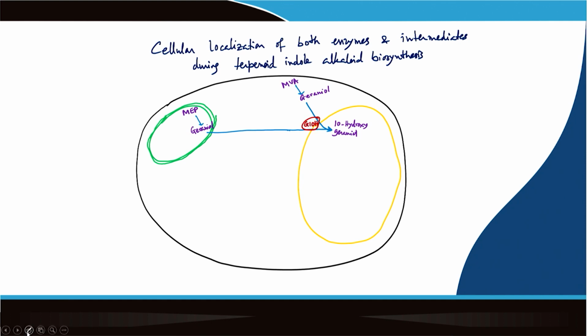And eventually from this, secologanin will be synthesized, where tryptamine is also present, and this leads to the formation of strictosidine.